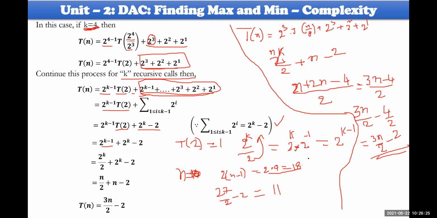So here it is 18, here it is only 11 for 10 elements, which is a much better performance when compared to the naive approach. Okay, so this is the complete complexity analysis in terms of the MaxMin problem.